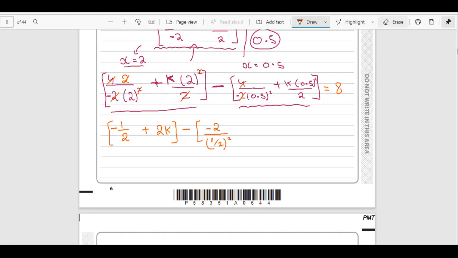We can do it on the calculator, so there's no point in doing it this way. Calculator is allowed in this part, so it's good that we use that. Let me just write it directly.